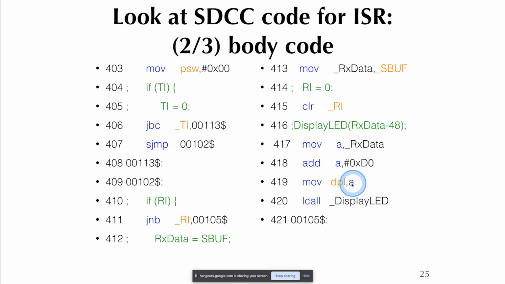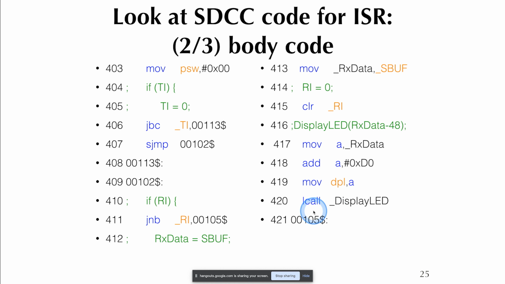Then move the result to DPL. Why DPL? Because in SDCC, you pass parameters. If it's a single byte, you pass in DPL. If it's 2 single byte parameters, pass in DPL and DPH. Or if it's a 2 byte parameter, it passes in DPTR, which is the concatenation of DPL and DPH.